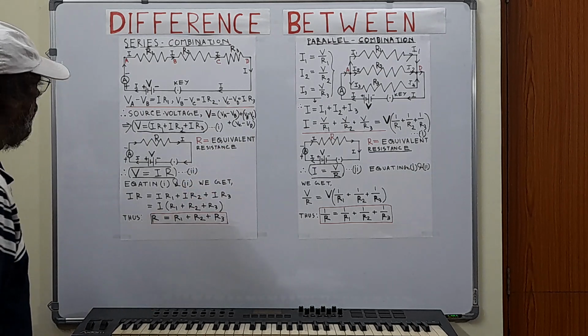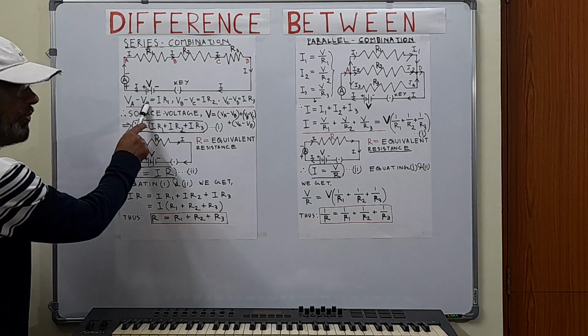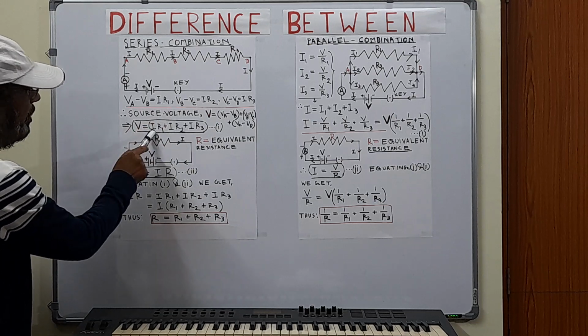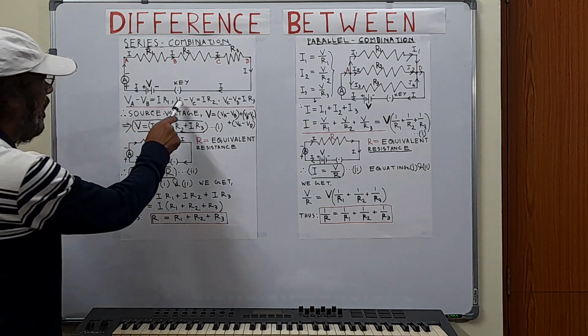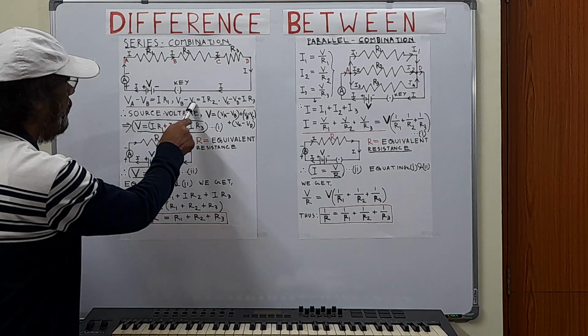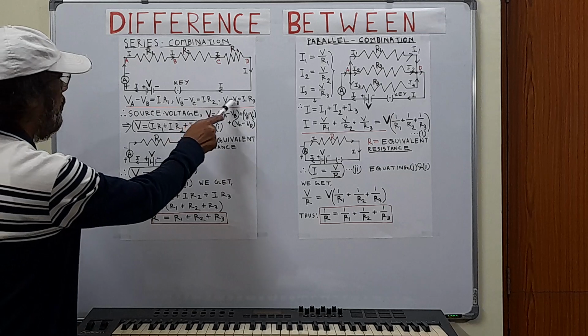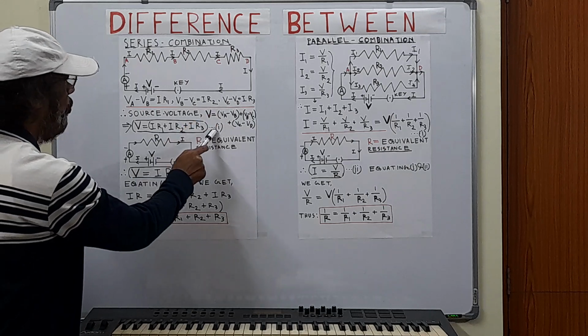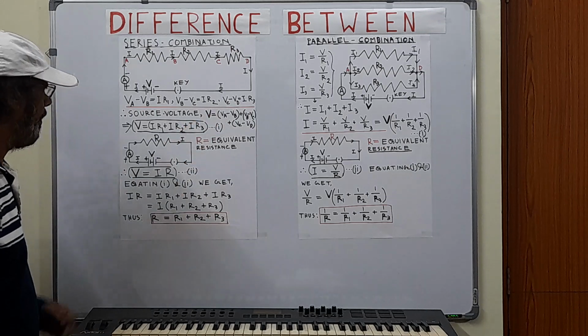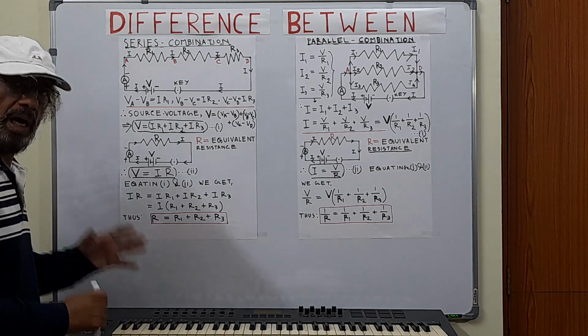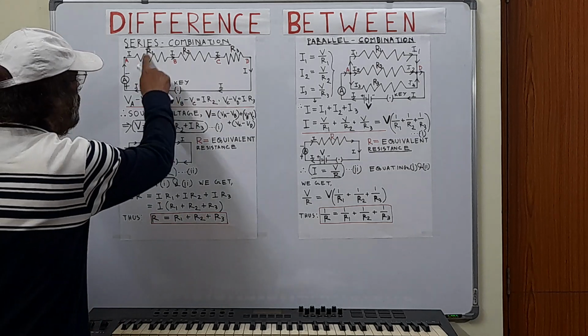Okay. In place of VA minus VB, I can write IR1. Similarly, VB minus VC can be replaced by IR2, and then VC minus VD, IR3. This will be equation number 1.